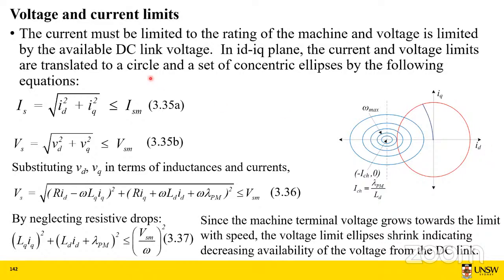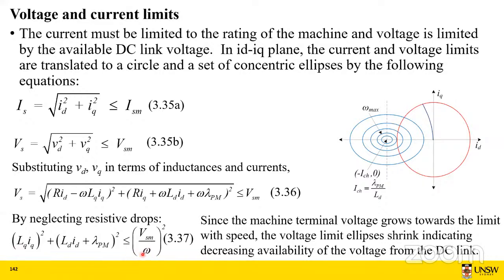And the voltage limit, if we replace VD, VQ from our DQ model equations, and if we ignore the resistive drop, then this voltage equation becomes the equation of an ellipse. But the voltage equation is actually dependent on the speed.